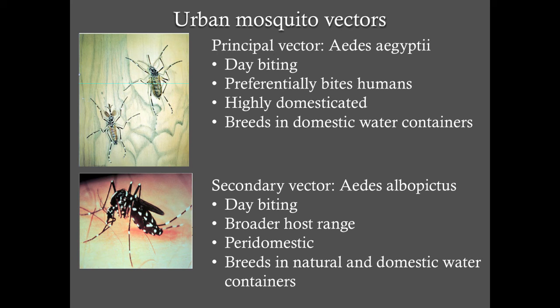It's defined as peridomestic, living in and around human areas, from the cities into the more rural areas surrounding them. And both these mosquitoes are capable of replicating and transmitting many of the flaviviruses, certainly yellow fever, dengue virus, and Zika virus.